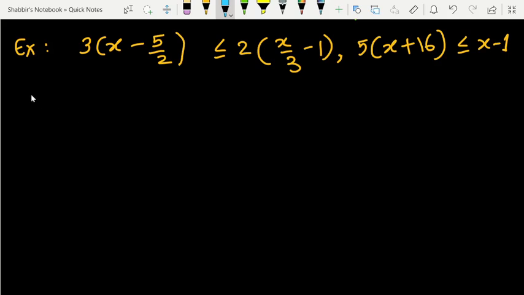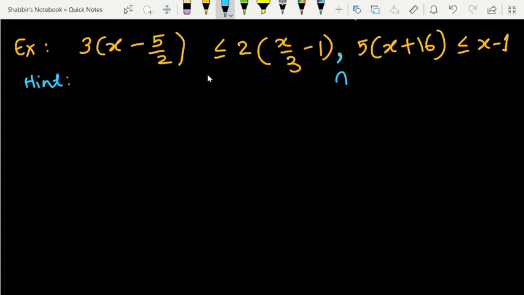Now so far we have seen that we solved a single inequality, but this is two inequalities separated by a comma, and we know comma means what? Yes, intersection.